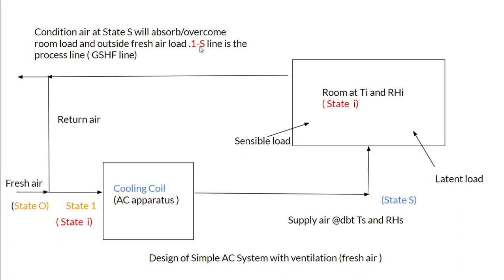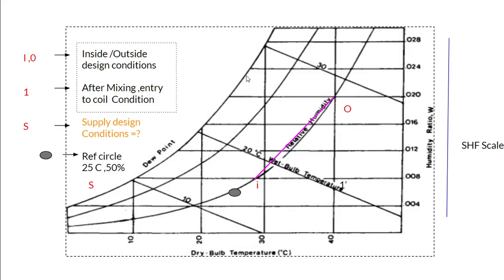So one line, that is the state 1 to state S line, would overcome the load on this room, and it would also overcome the fresh air load. So this is called the grand sensible heat factor line or process line or condition line. So we'll plot this on the psychrometric chart. The outside conditions are known, we can plot them on the psychrometric chart.